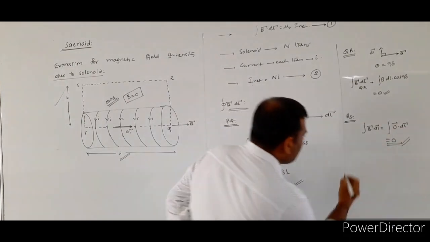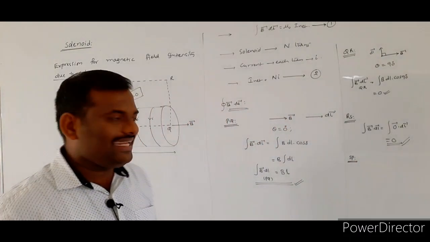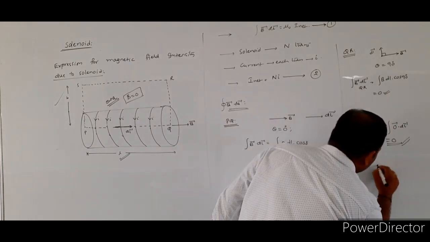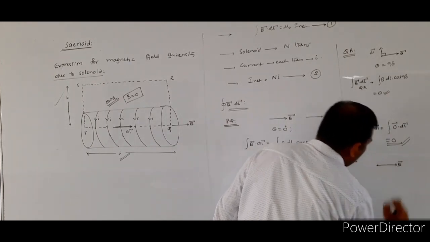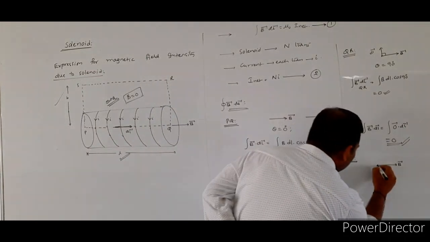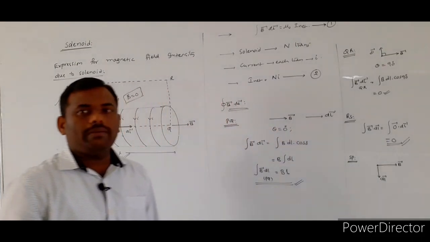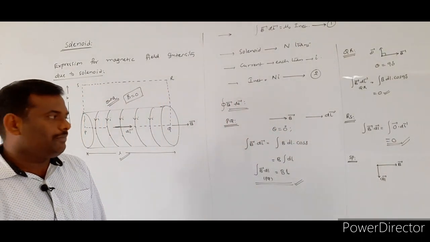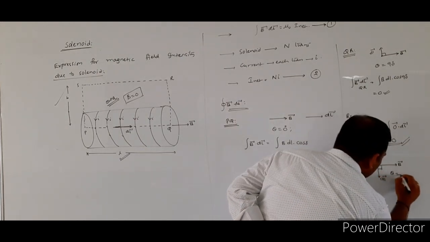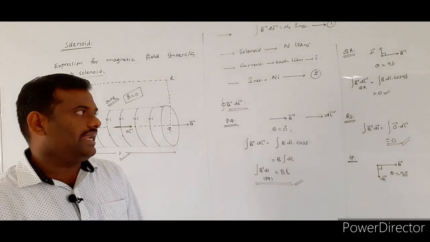Next, for the portion SP, the magnetic field will be acting along the horizontal direction, and dL bar will again be acting perpendicular to the B bar. So here also theta is equal to 90 degrees.